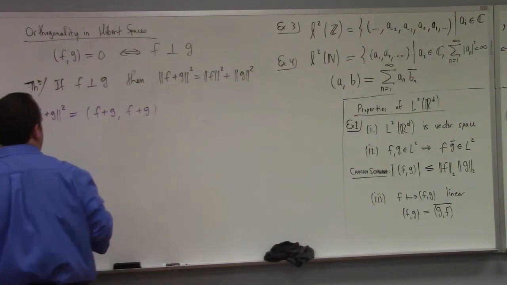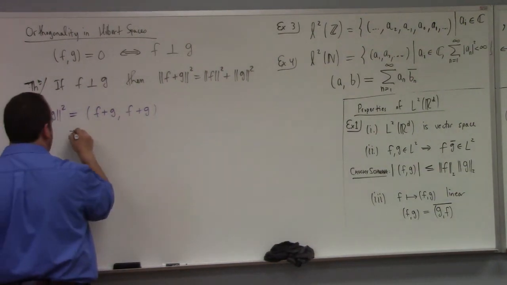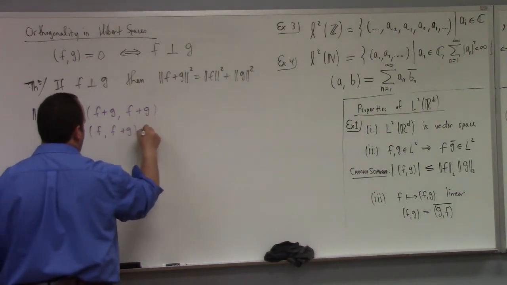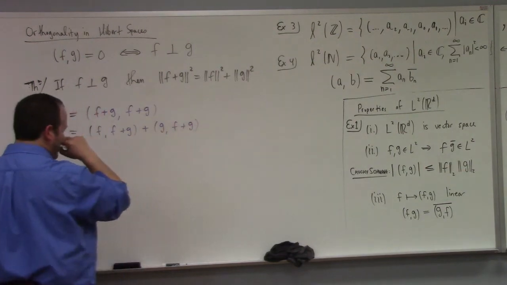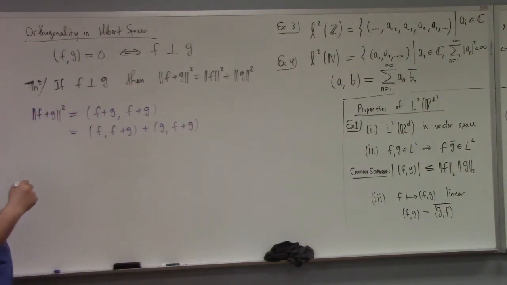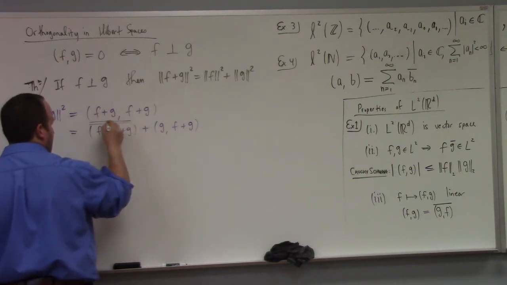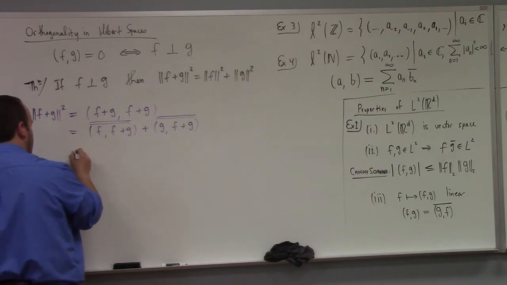Right? Definition. Then, of course, this is by additivity of the first slot. But then you can complex conjugate, like so.